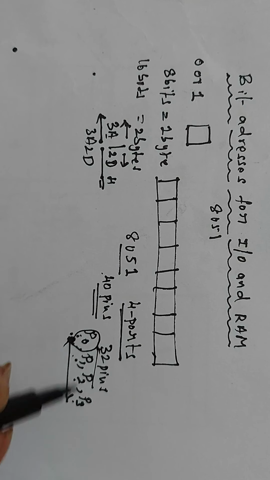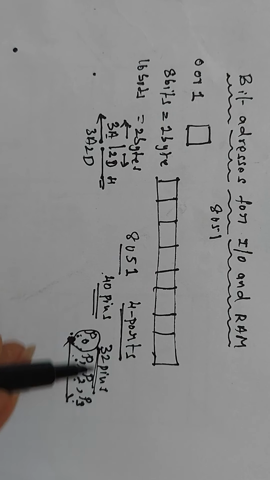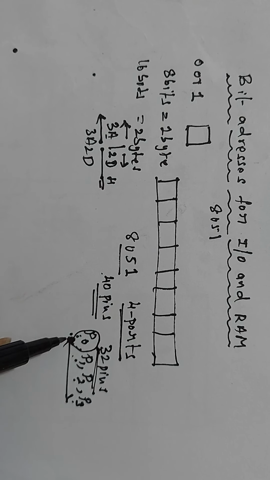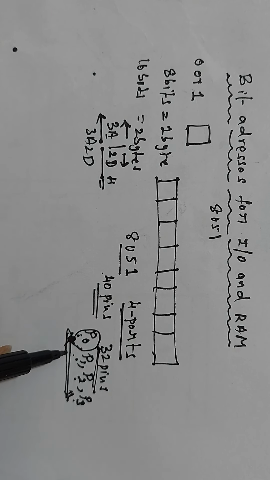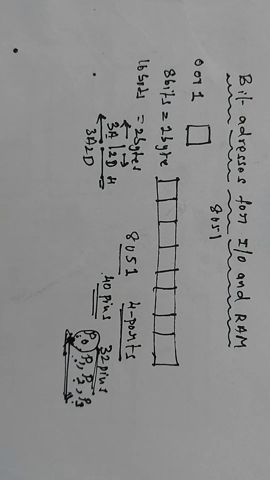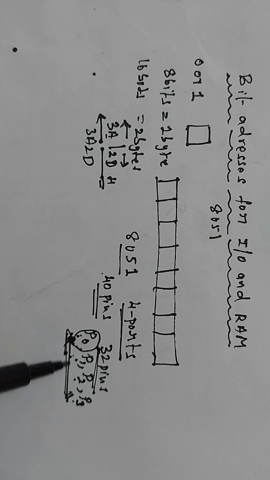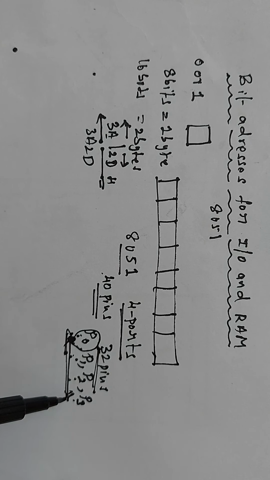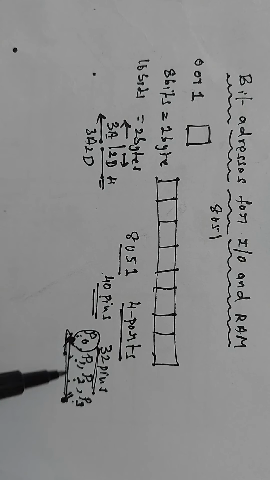Since there are 4 ports, totally 32 pins out of 40 pins are used only for ports. And you will discuss this in unit 1 in detail. Here we are going to study the ports P0, P1, P2 and P3, which are both byte addressable and bit addressable.